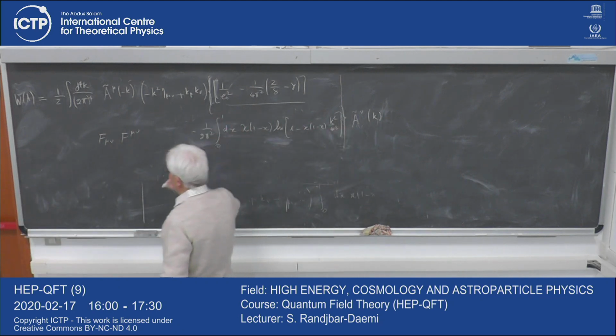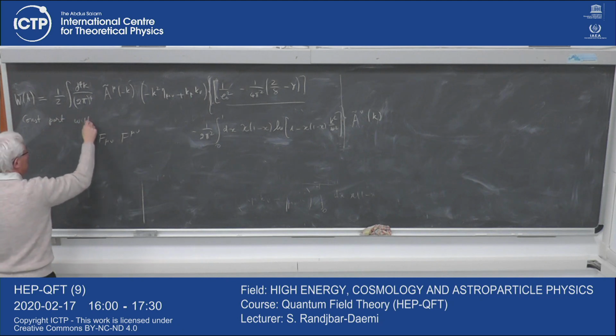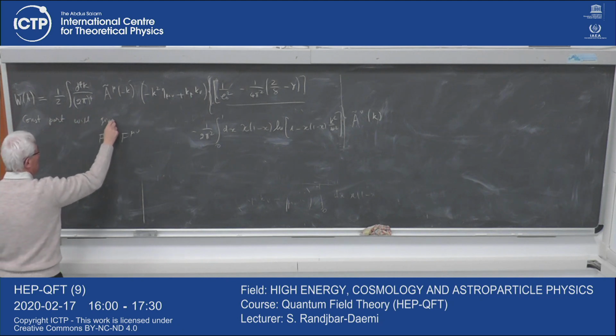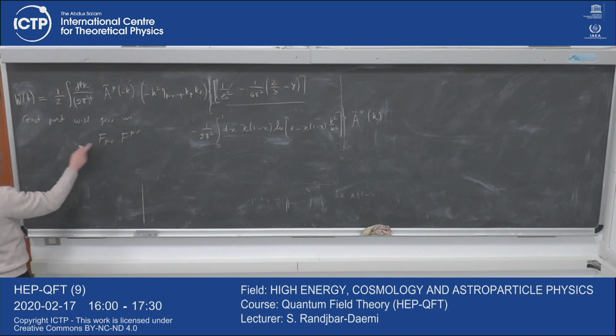So the constant part, when you go to the x space, will give you this times simply what you have there.